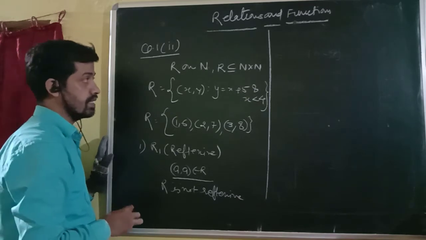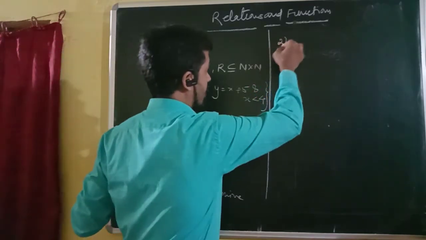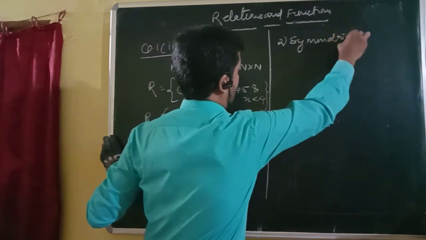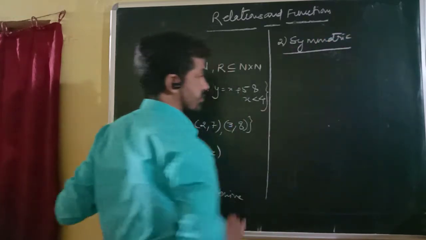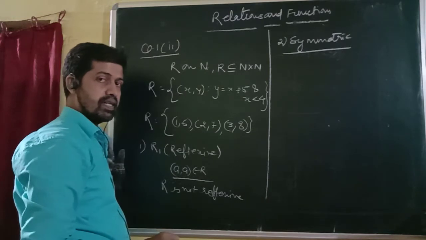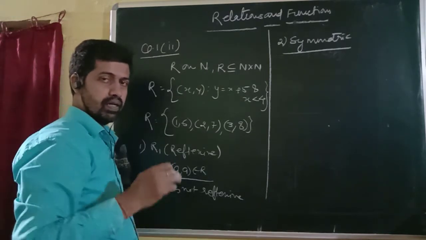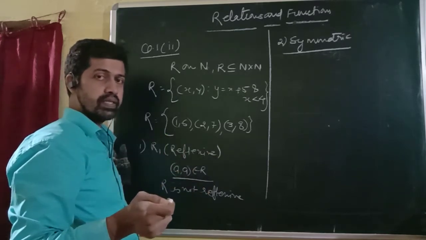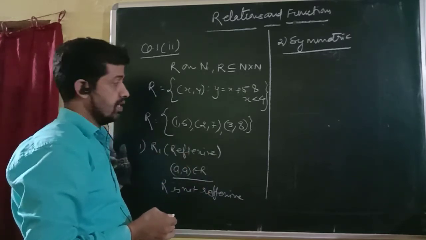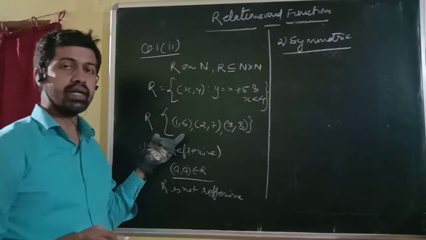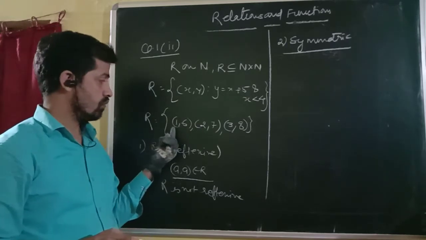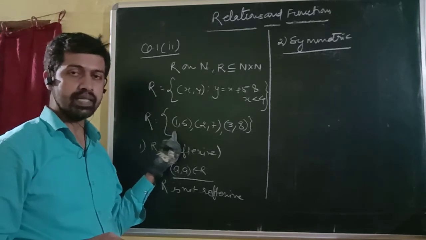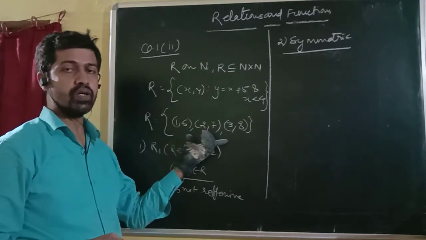Next is symmetric relation. Just recall, if A is related to B in the same way as B is related to A, then we say the relation is symmetric. Since I have written the relation in roster form, 1 is related to 6, but 6 is not related to 1. That means 6 comma 1 is not here.